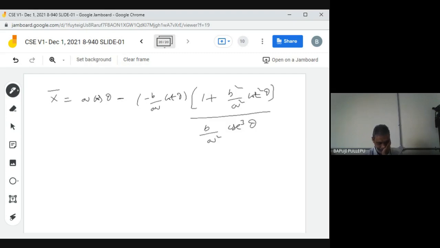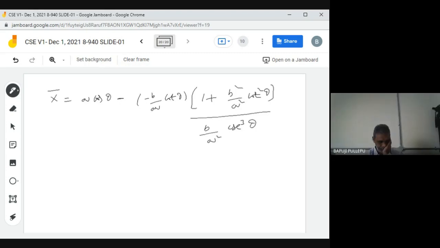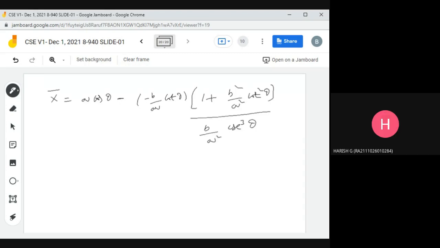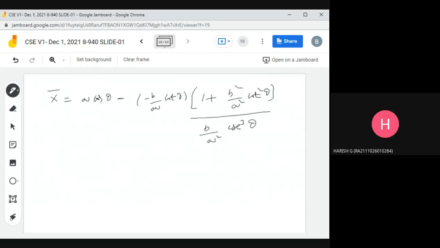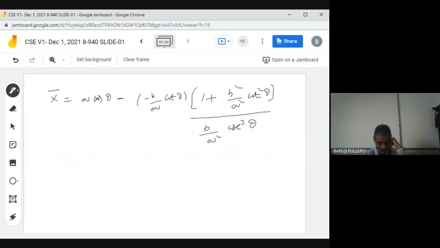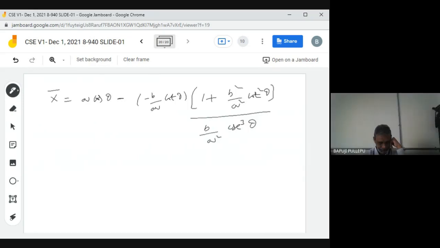d squared by dx squared: a cos theta plus a cube sin squared theta cos theta. Everything you can change in terms of cos and sin. Plus a b squared cos cube theta. You can take cos theta common. Again, that cos squared you can write as 1 minus sin squared. I will write this down, don't worry.